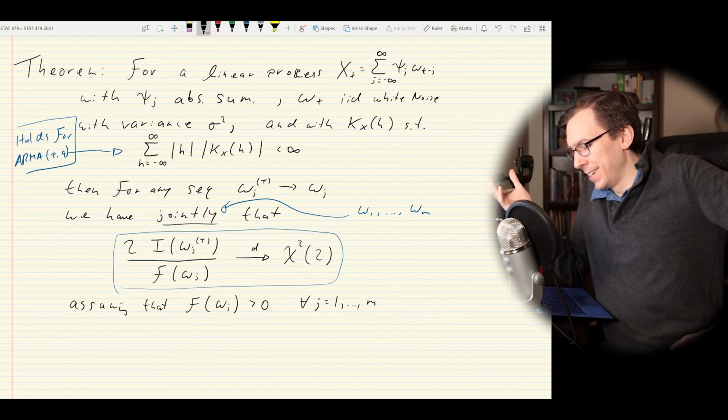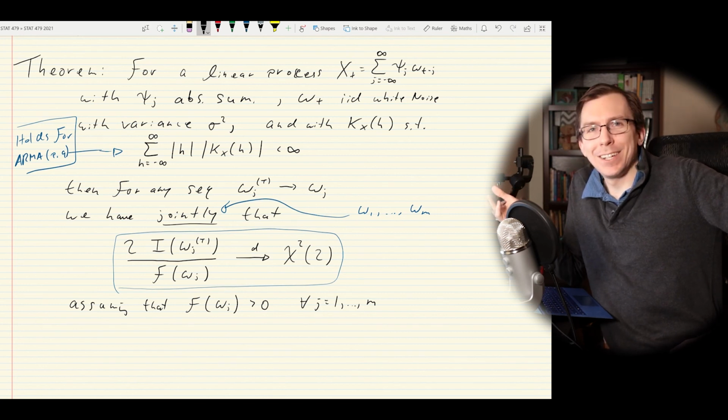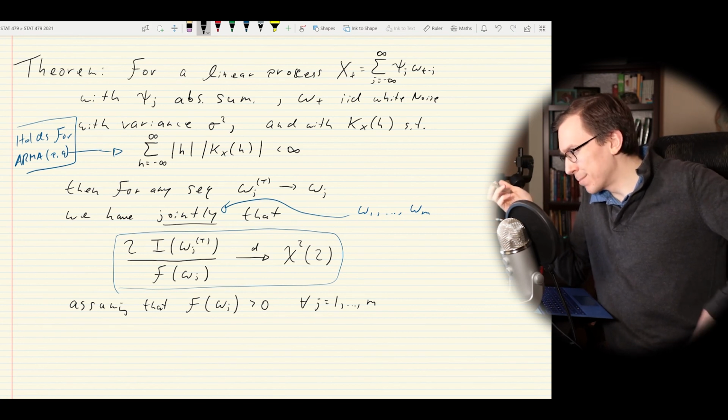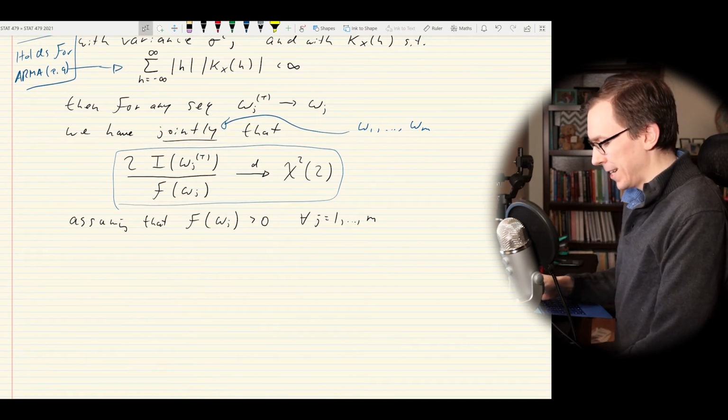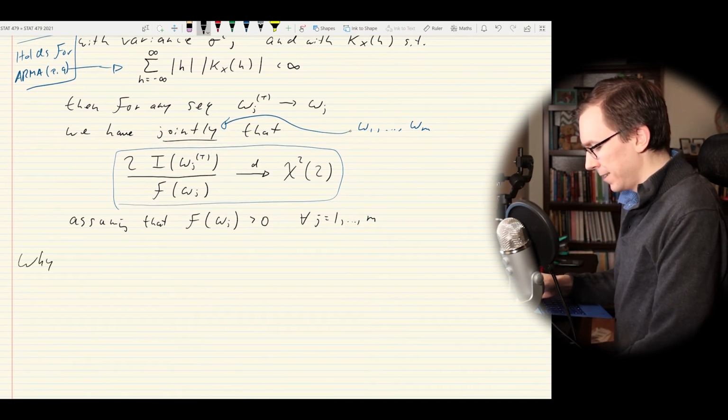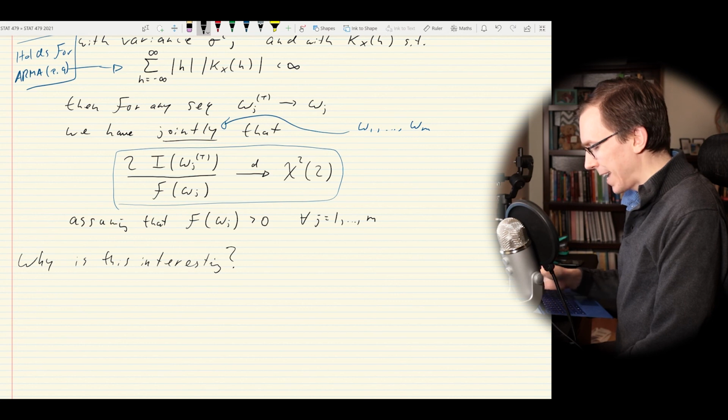The question that we always want to ask ourselves is, why do we care about the formula in the big blue box? So again, why is this interesting? Always a good question to ask in any math or stats class.